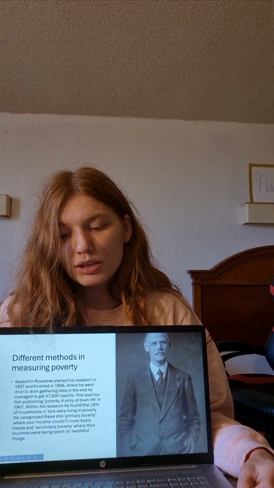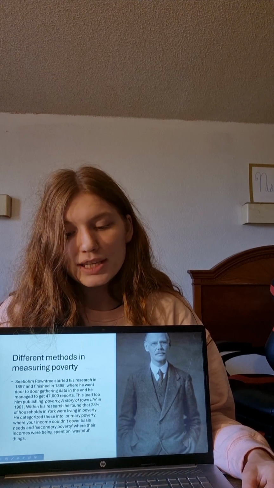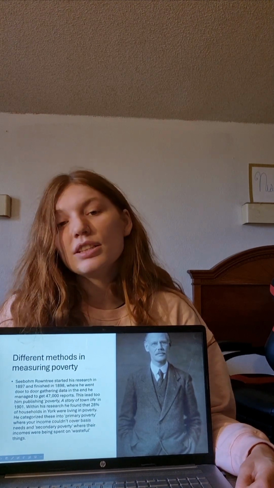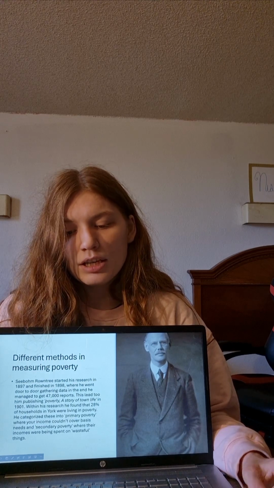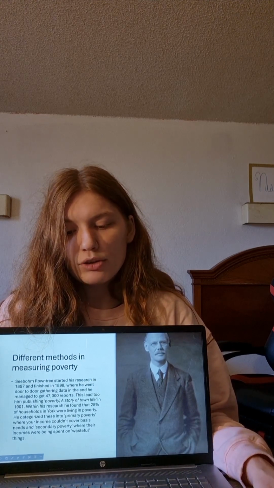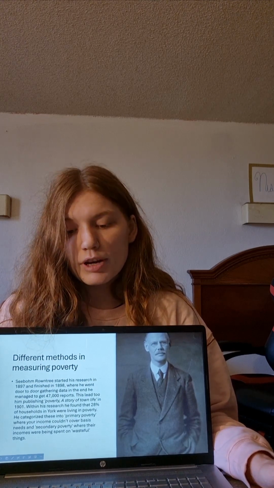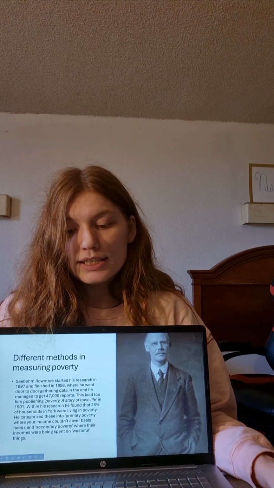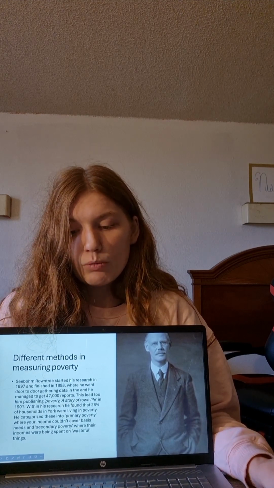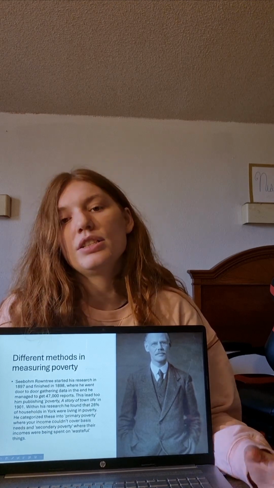Within his book, he found that 28% of households in York were living in poverty. He categorised these in primary poverty, where your income couldn't cover basic needs, and secondary poverty, where your income was being spent on wasteful items such as not necessities or basic needs.